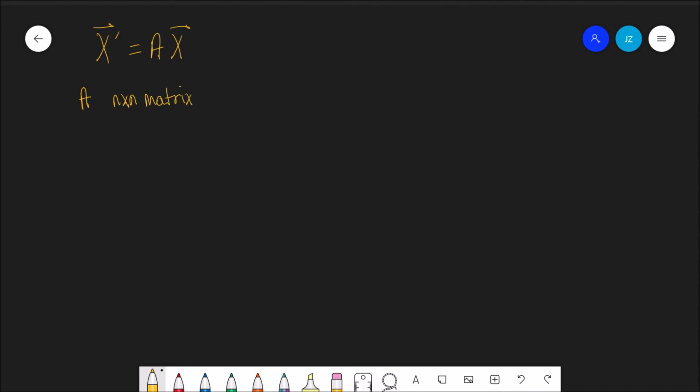We will guess that the solution vector will be of the form of a constant vector, k1, k2 down to kn, times e to the lambda t. And we'll call that constant vector capital lambda.